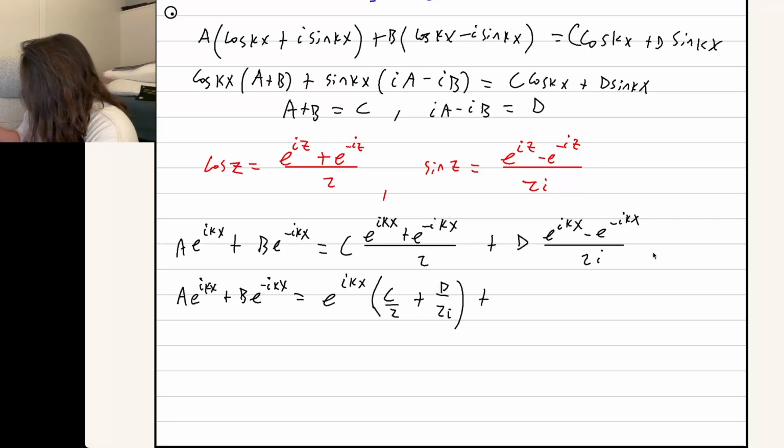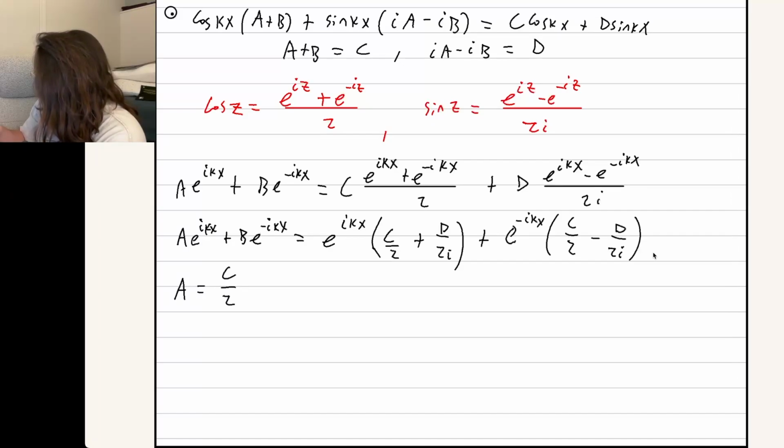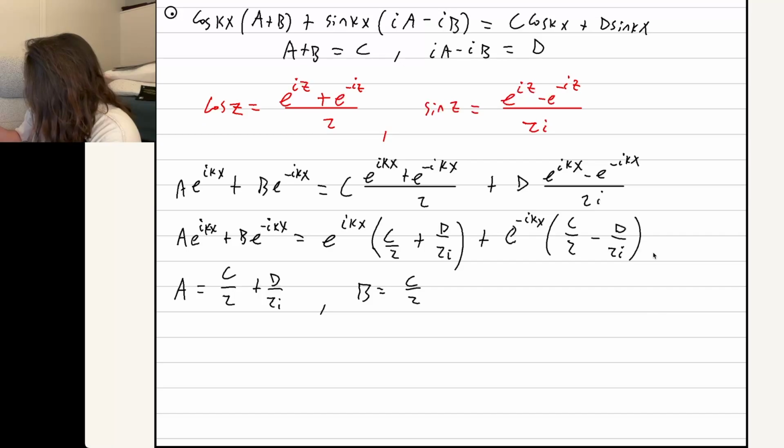And then we also have e to the minus ikx, and that's c over 2 minus d over 2i. And then we can do a similar sort of thing where we see that a is just equal to c over 2 plus d over 2i, and then b will be c over 2 minus d over 2i.